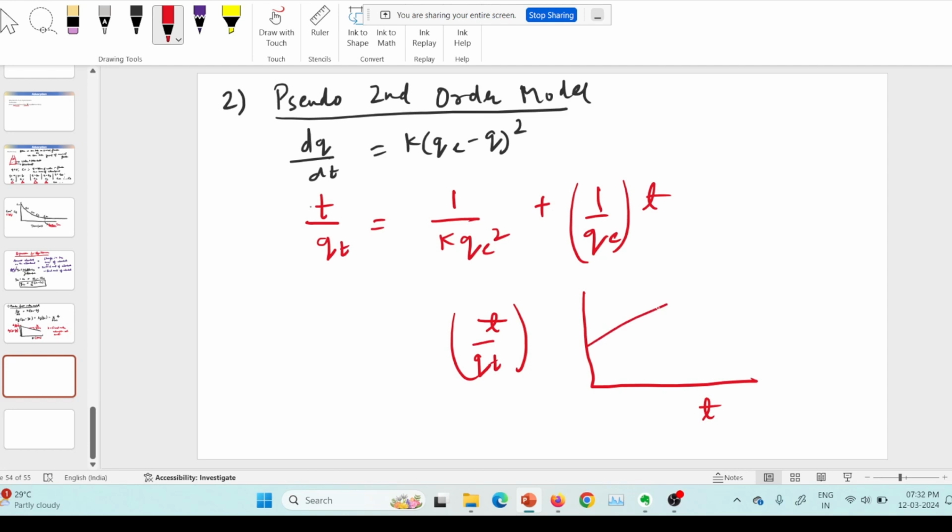The intercept will be 1 divided by k qe square, and the slope will be 1 by qe.